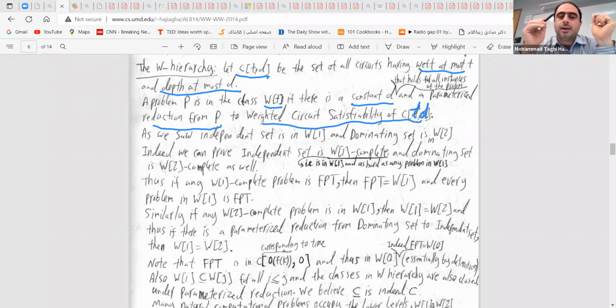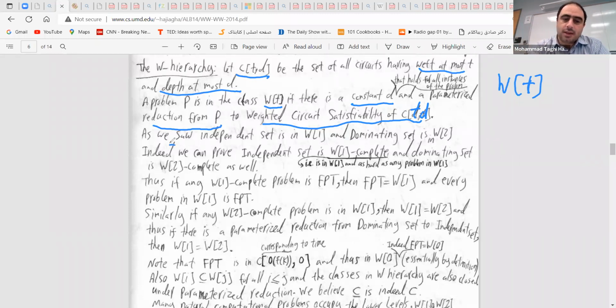So again, a problem is in WT if you can represent this problem with a constant depth circuit such that the width is at most T. So this is the class of WT. That's the reason.